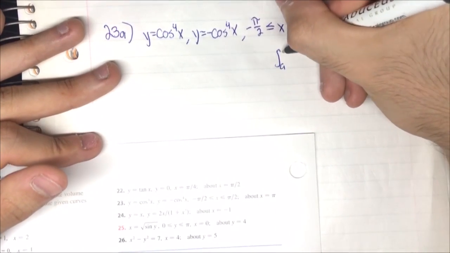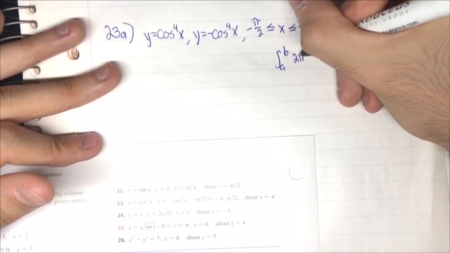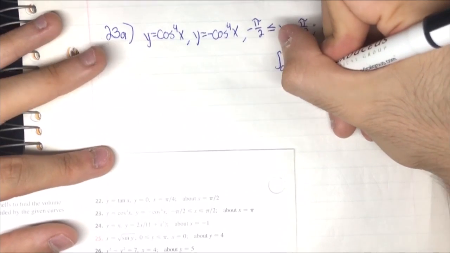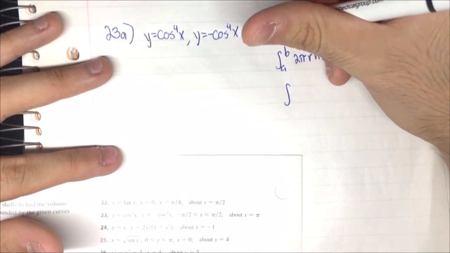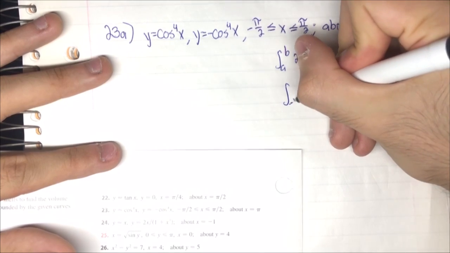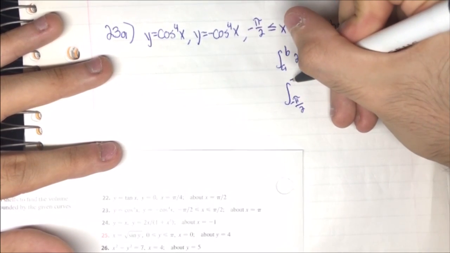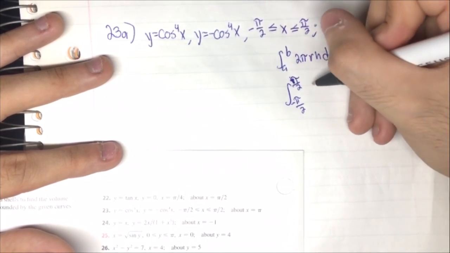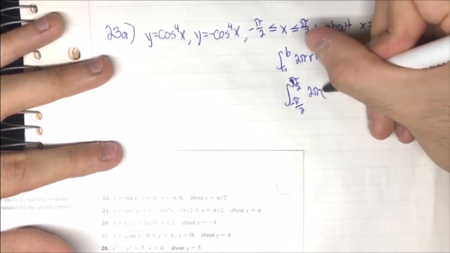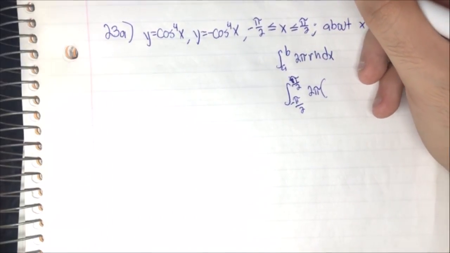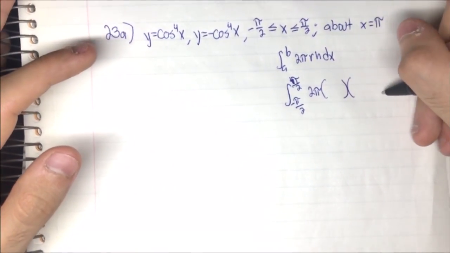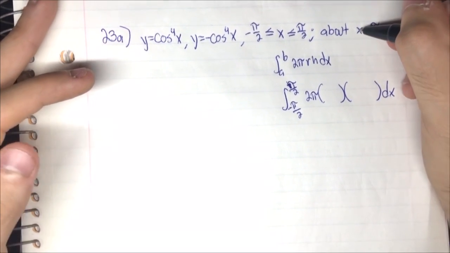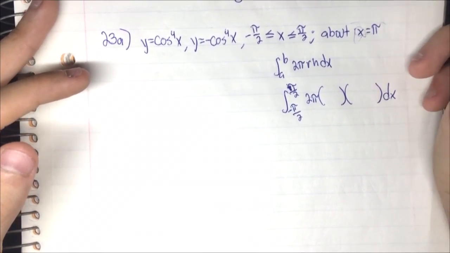And the formula that we're going to be using, again, from a to b, 2 pi radius times height dx. Alright, so they give us the a and the b, negative pi over 2 and pi over 2, so let's plug that in. Alright, so then 2 pi, and then we have the radius and the height, and it's on dx since we're focusing on the x, about x.